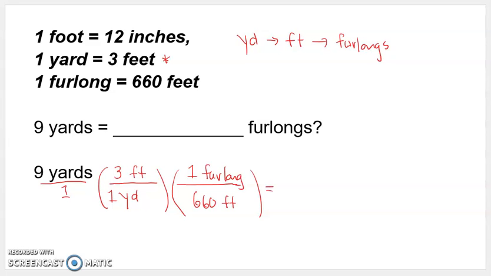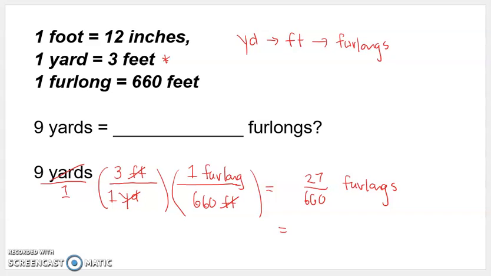Now let's do this multiplication, but before I do that, let's cancel our units. A yard on the top cancels with a yard on the bottom. A feet on the top cancels with a feet on the bottom. And what I'm left with, multiplying the fractions, is 9 times 3 times 1, which is 27, divided by 1 times 660. I'm just multiplying fractions. The only unit I have left is furlongs.